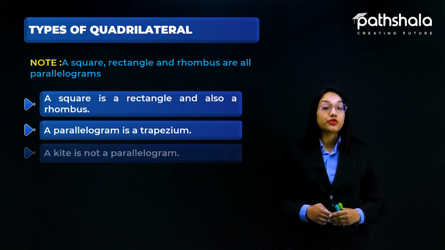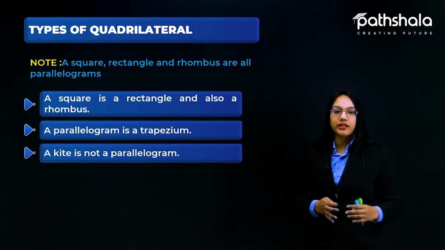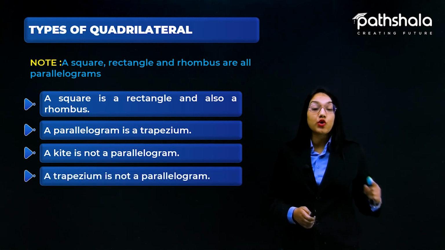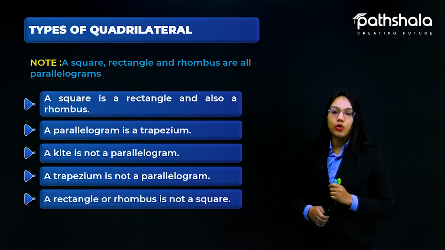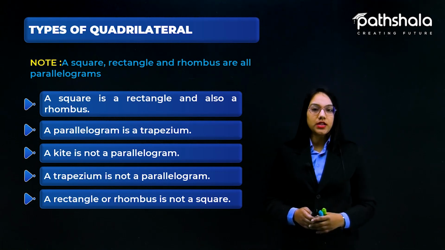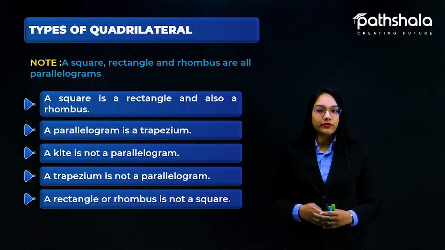A parallelogram is a trapezium. A kite is not a parallelogram. We have seen that a kite is not a parallelogram. Furthermore, a trapezium is not a parallelogram. So a parallelogram is a trapezium, but a trapezium is not a parallelogram. Furthermore, a rectangle or a rhombus is not necessarily a square. These are some of the special notes related to the types of quadrilaterals.